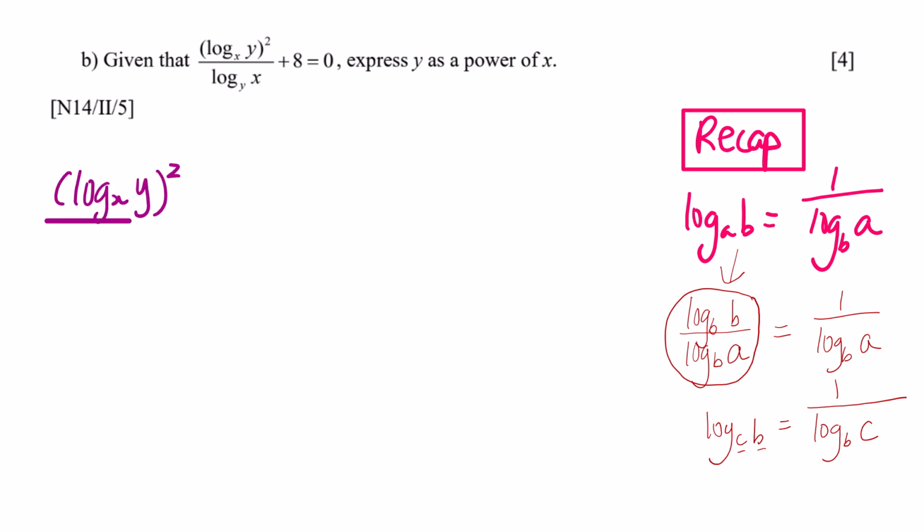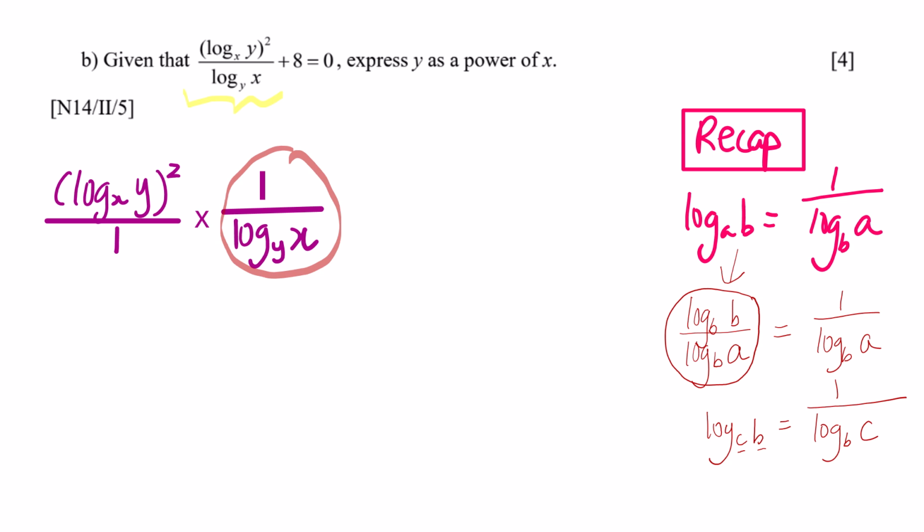But before that, we need to rewrite these fractions into two fractions, so that I can change this to base x. And why do I want to do that? Because the first log that you're given is in base x.